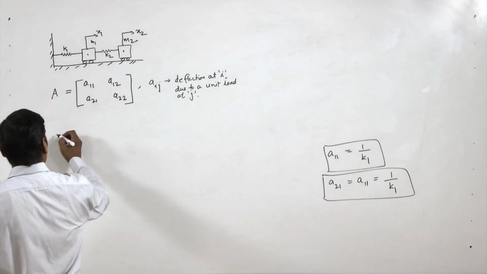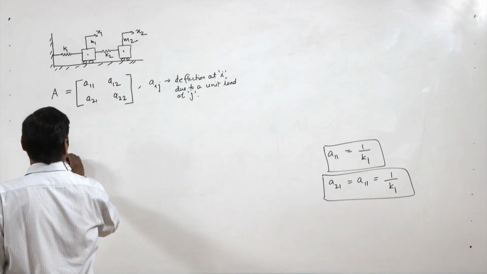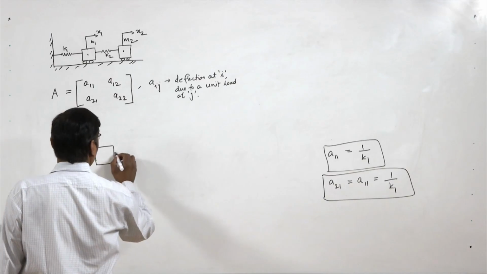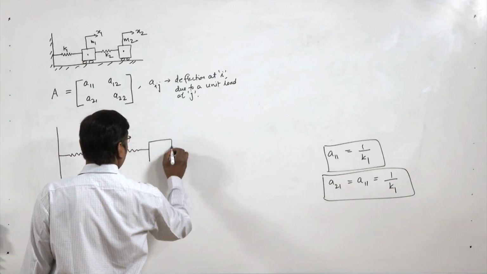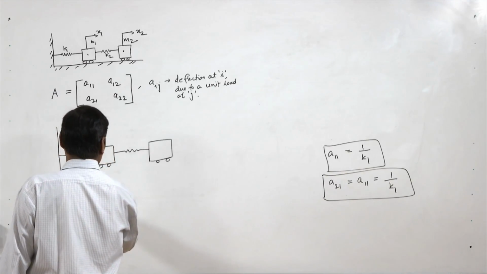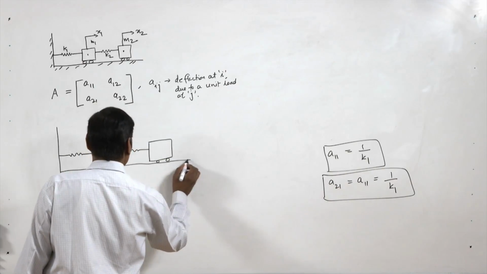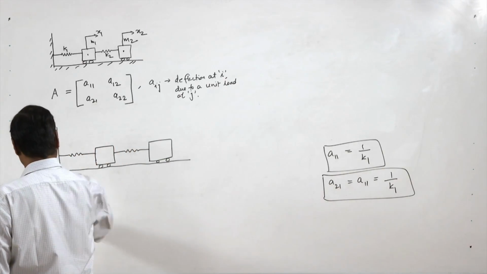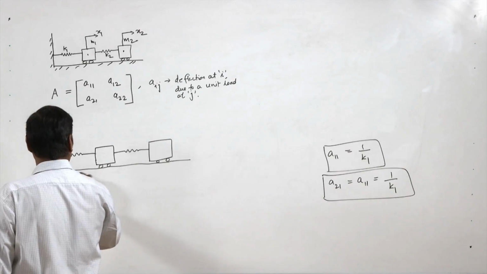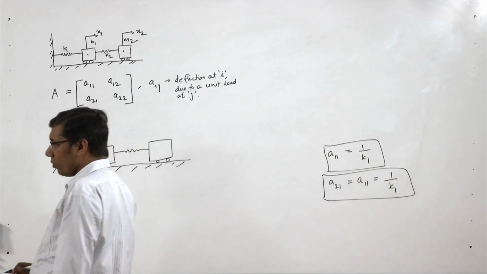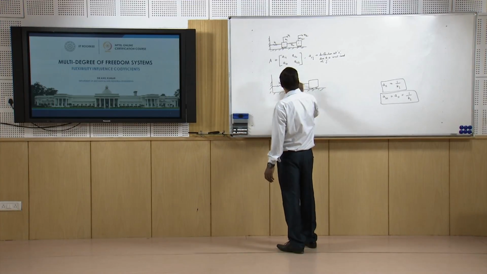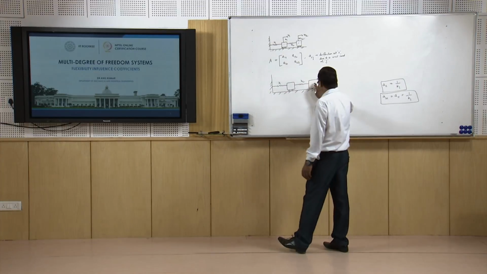So we will have this spring K1, K2, and this is mass M1 and M2.